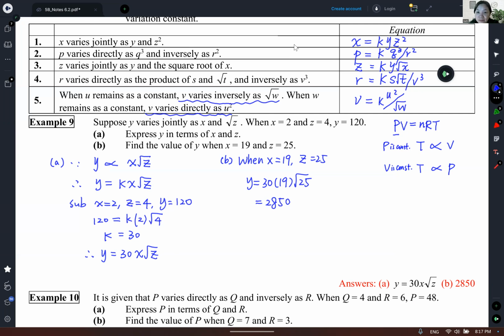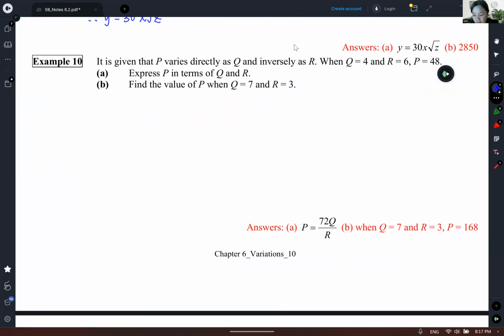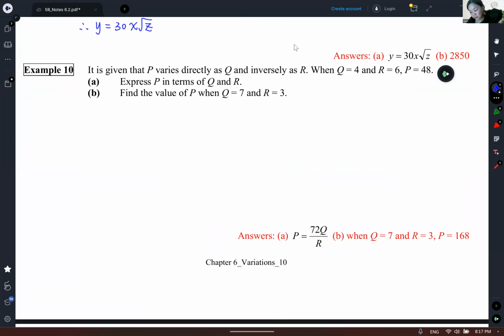So example 9, the use of the formula. Example 10. It is given that P varies directly as Q and inversely as R. Now, when Q equal 4, R equals 6, P equal 48, express the relation between P and Q and R. This is very similar. It's just this time the inverse variation is involved in this joint variation.